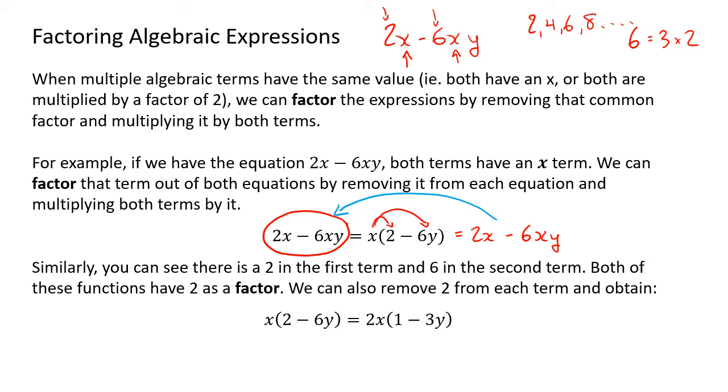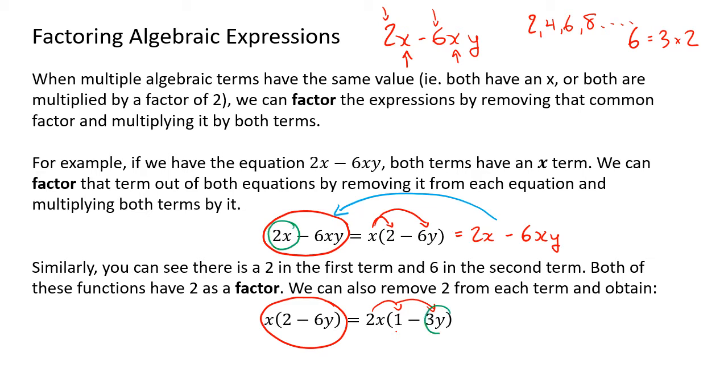Similarly, okay, now that you have this function, you can also factor out constants. So like I said, 6 is a multiple of 2, right? So if you remove 2 out of this equation and multiply it into these, okay? What you're left with is just 1 minus 3y, because you've pulled everything you can out of this piece, the whole 2x.